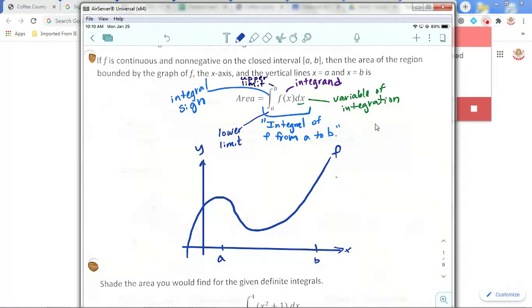What that integral represents is the area of the region bounded by the graph of f, the x-axis, and vertical lines at A and B. So the area in this region is what we're looking for. That's what that integral will give.